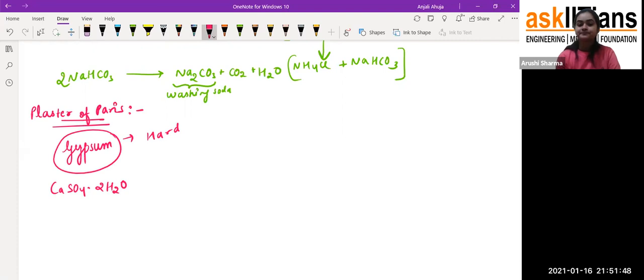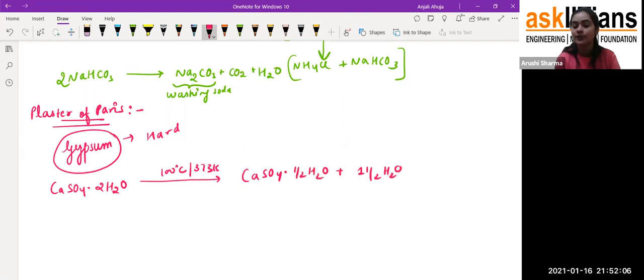So when this gypsum, CaSO4.2H2O, is heated at 100 degrees Celsius, or I can say at 373 Kelvin, I get CaSO4.half H2O, and there will be the elimination of 1 and a half molecules of water. That means this is the POP, students.